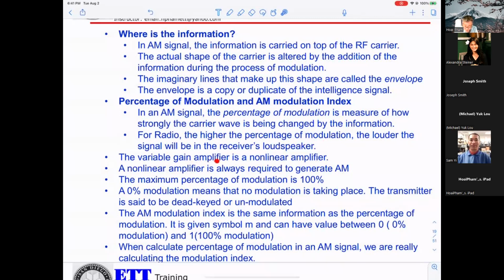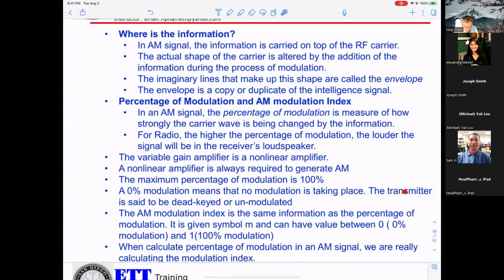The variable gain amplifier is a non-linear amplifier. A non-linear amplifier is always required to generate AM, meaning amplitude modulation. The maximum percent of modulation will be 100%. A 0% modulation means that no modulation is taking place.